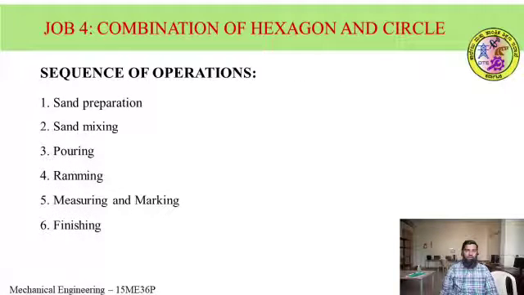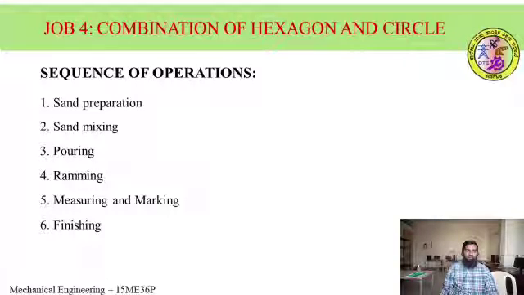The sequence of operations is like this. We have to prepare the sand. Sand mixing has to be done. Pouring the molding sand into the molding box. After that we have to pack it with the help of rammer. That operation is called ramming.